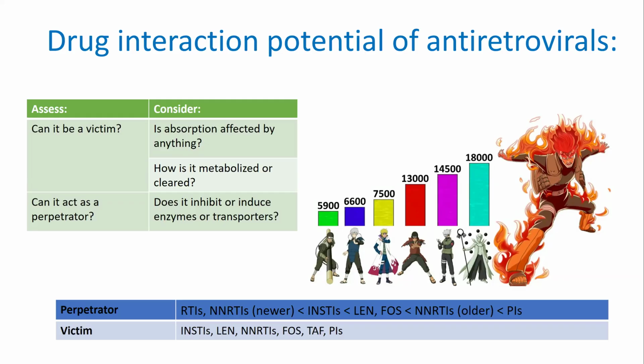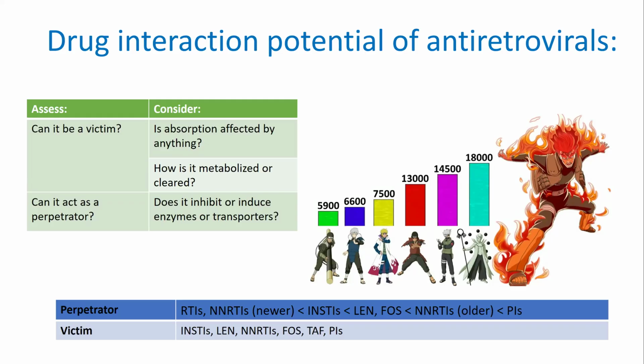So using this framework and looking at antiretrovirals, what we see is that protease inhibitors are generally considered very high-risk agents, very strong perpetrators of interactions because they're very potent inhibitors. And among the RTIs, the older ones are moderate inducers.